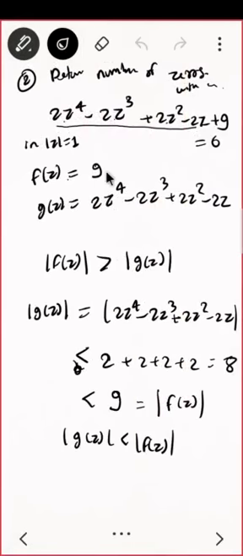Number of zeros of f of z is 0. There is no zero of this function. There is no term of z. It is non-zero. You see, it is never 0. So how many zeros? Nothing, it is 0.